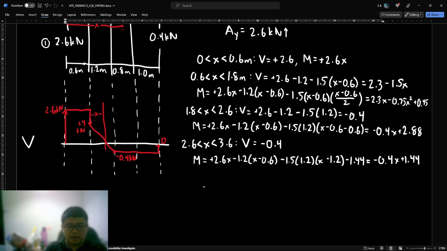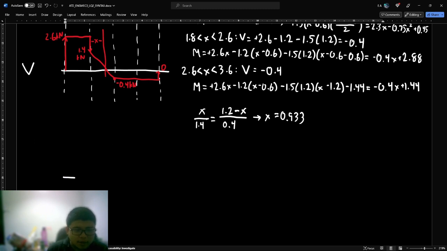Similar triangles would state that the base of the triangle divided by its height would be equal to a constant because they are similar triangles. So the base here would be 1.2 minus x, and then the height would be 0.4. Solving for x, we get x is approximately equal to 0.933. And this is very important when we draw our moment diagram.